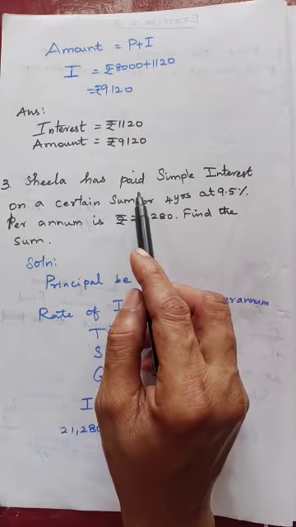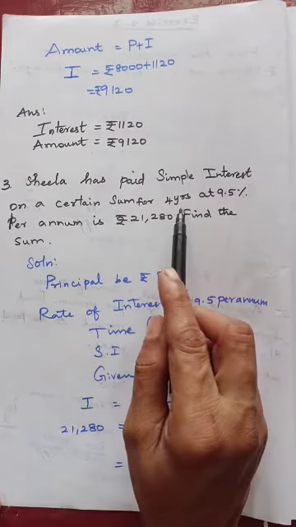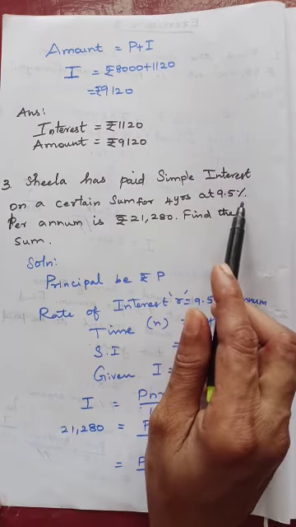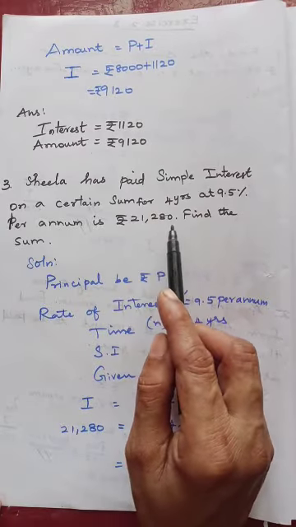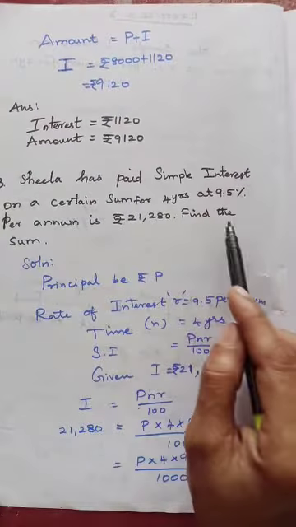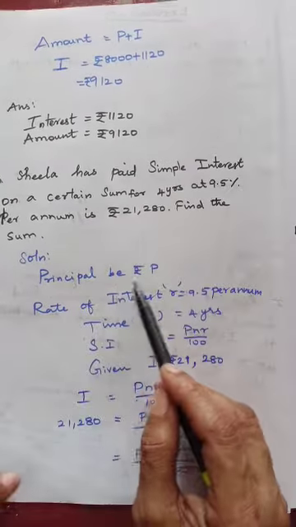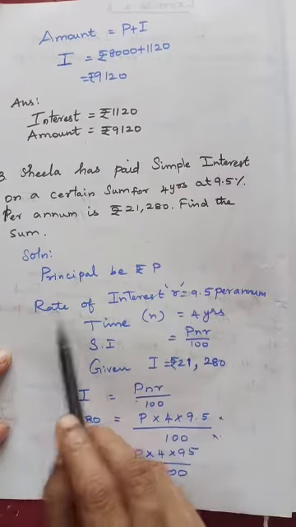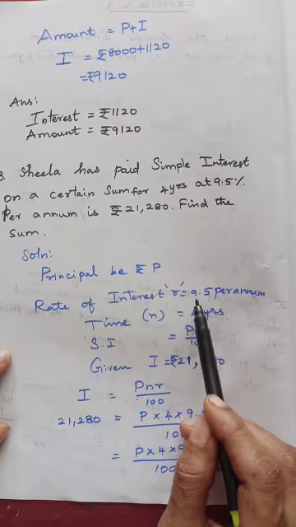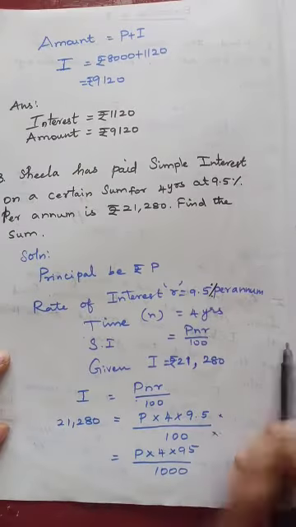Sheila has paid simple interest on a certain sum for 4 years at 9.5% per annum, which is 21,280 rupees. Find the sum. Here we shall take the principal as rupees P. Rate of interest R is equal to 9.5% per annum.